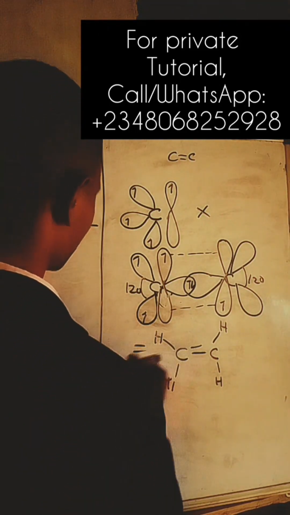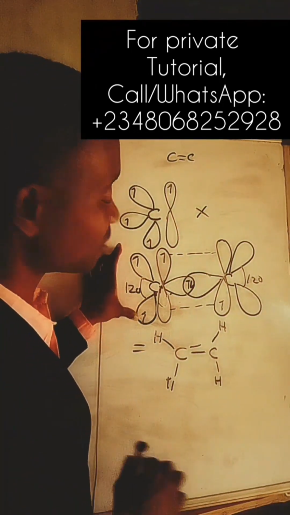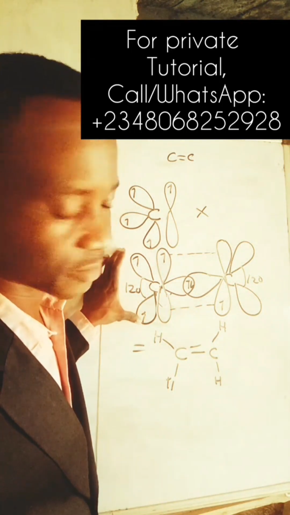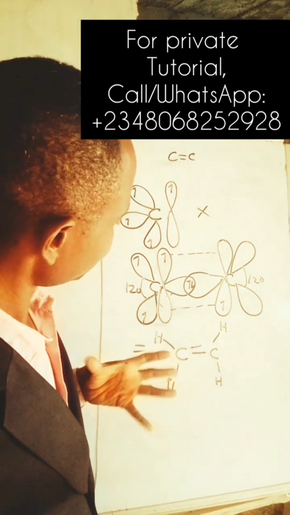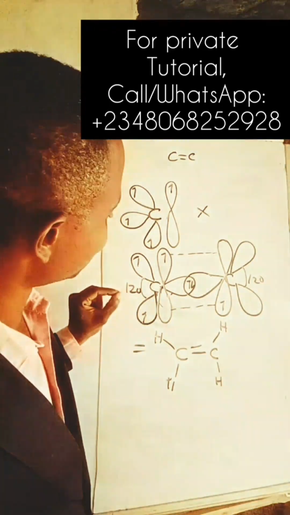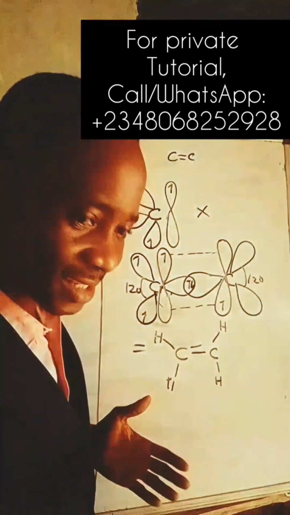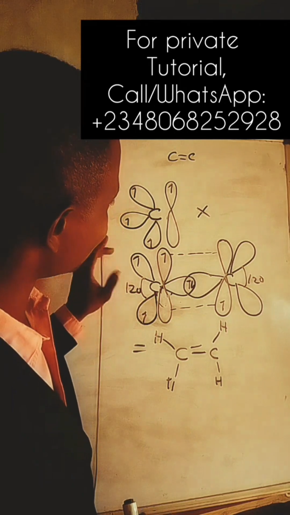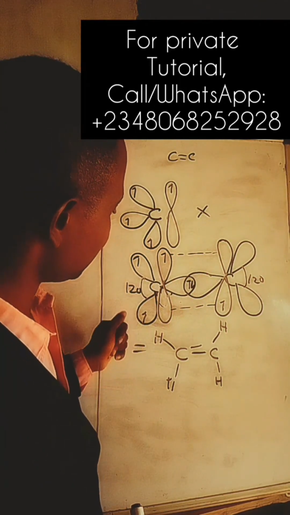So the shape of the molecule is as a result of 2 things: sp² hybridization, which leads to 3 hybridized orbitals, which move as far from each other as possible, creating a bond angle of 120, which gives us a triangular shape resting on a plane. And that is why the shape of sp² hybridized carbon in ethene is trigonal.